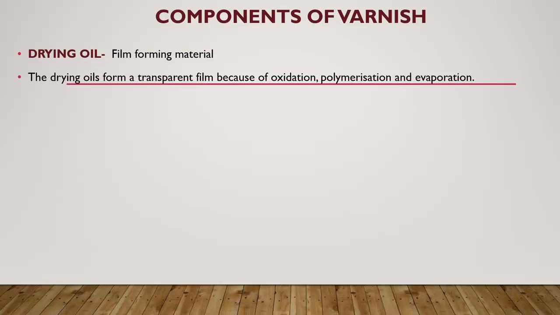These oils are mostly polyhydroxy unsaturated fats, and they oxidize, polymerize and evaporate because of the atmosphere and form a film on the surface. The oils which are used as drying oil in varnish are unsaturated oils like tung oil, linseed oil or walnut oil.